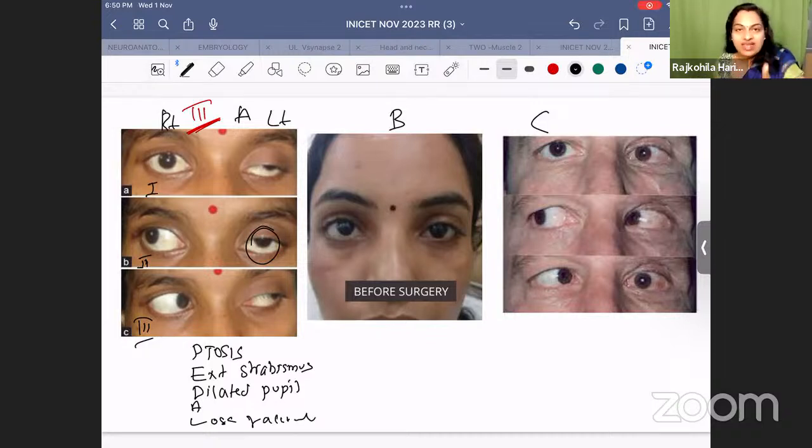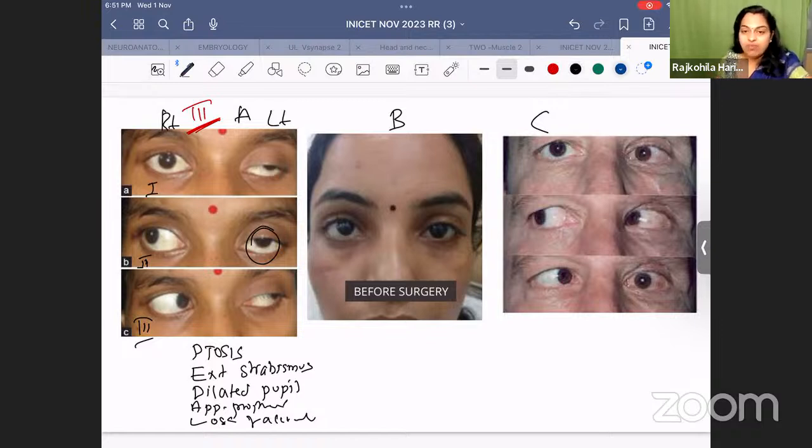Sphincter pupillae and ciliaris are supplied by the parasympathetic component of the third nerve. Okay. And because most of the muscles are innervated by the third nerve, apparent proptosis. Okay. So ptosis, external strabismus, dilated pupil, and loss of accommodation are the cardinal features of oculomotor nerve injury.